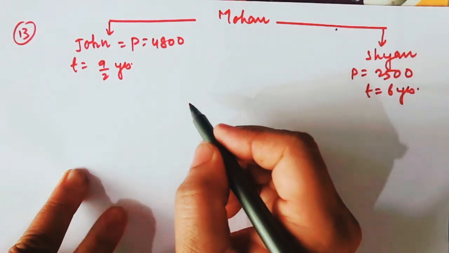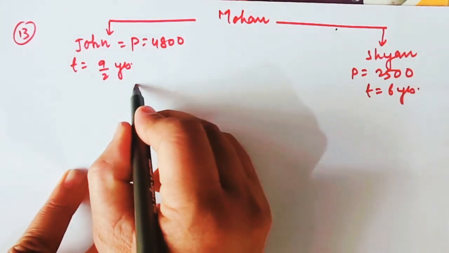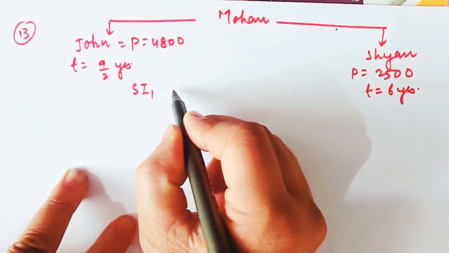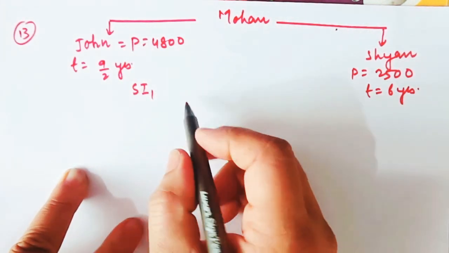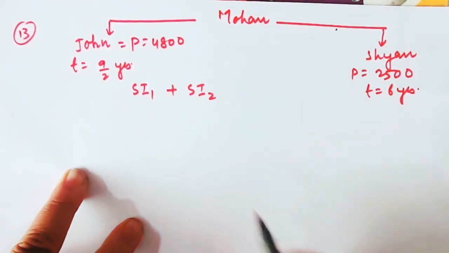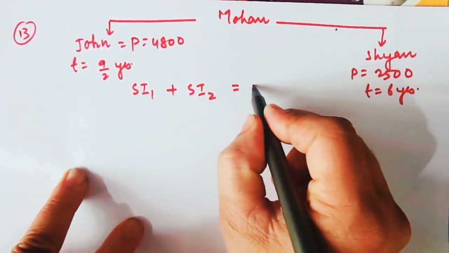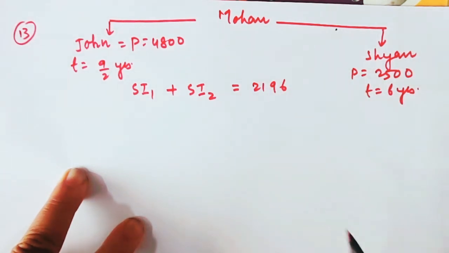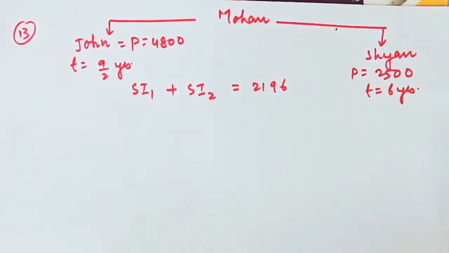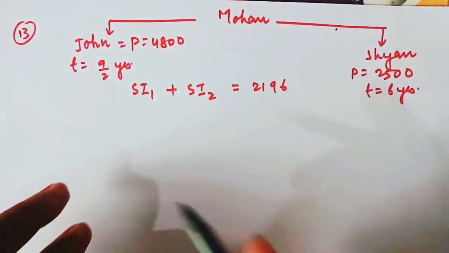And they say that the simple interest of this particular principal and the simple interest of this particular principal gives 2196. Clear? What are they asking? Find the rate percent, because the rate had been missing.